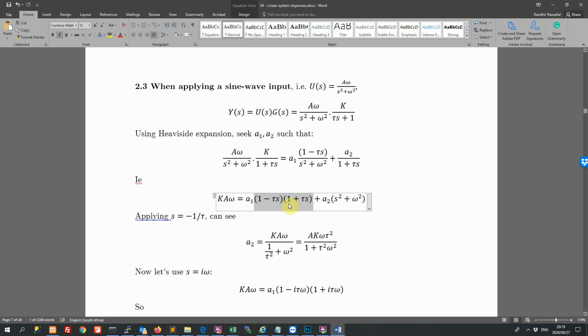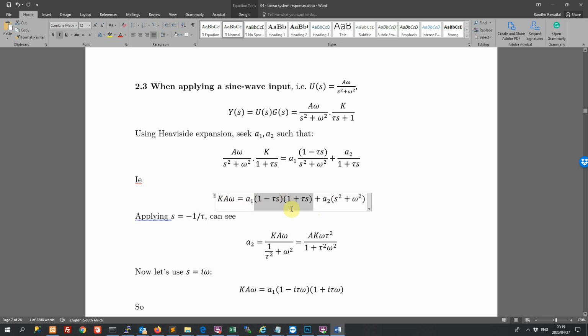First, let's work out A2. So if we want A2, if we apply minus 1 over tau, you can see here that minus 1 over tau for s here is going to give us a minus 1, and then 1 plus minus 1 is 0.